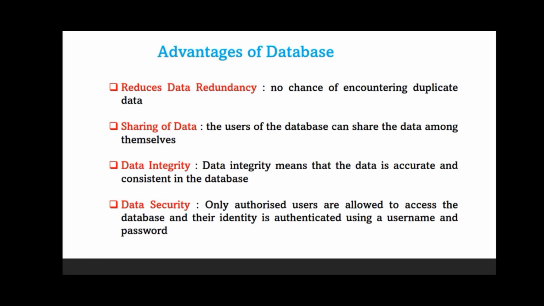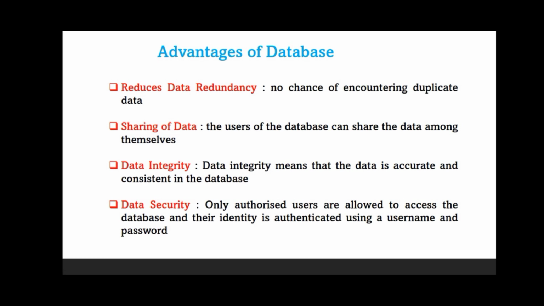For example, if an amount is withdrawn from an account and credited to someone's account, both accounts should be consistent. After withdrawing, the amount should be subtracted, and the credited account will be added. That is data integrity, so the data will be consistent.